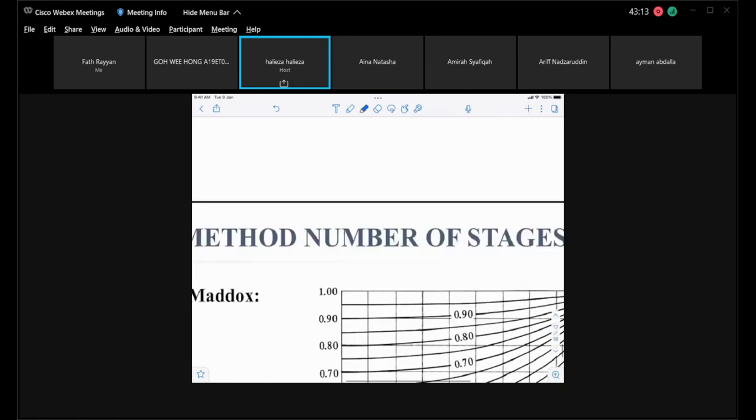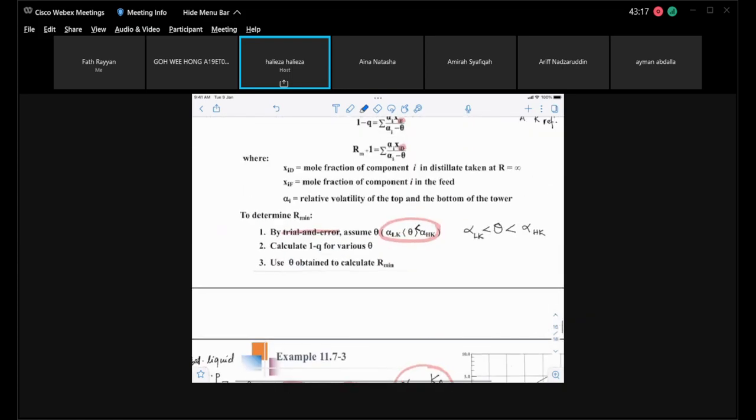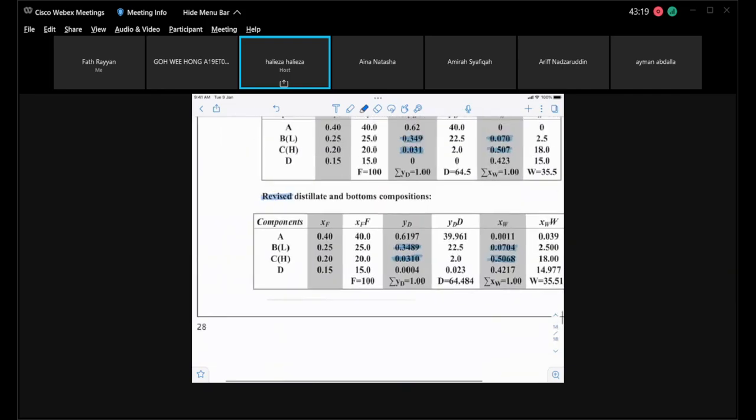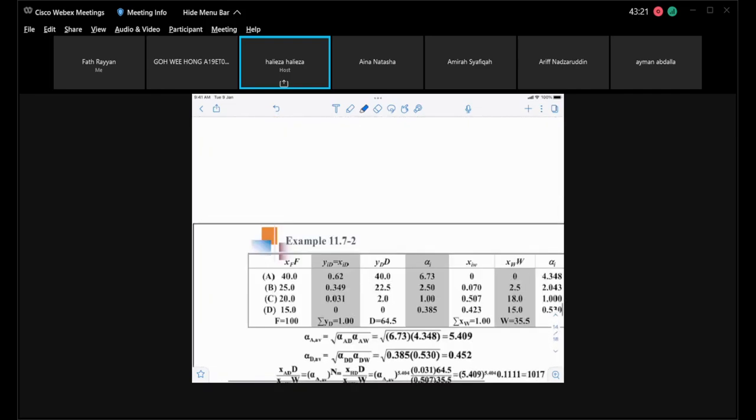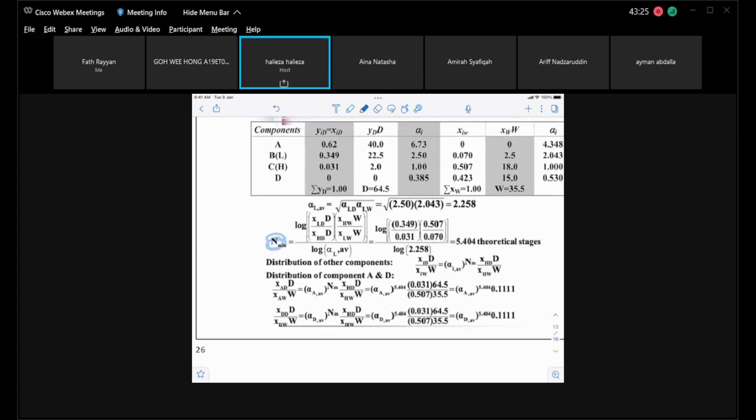Let me go back and show you guys where we get our N min, our minimum number of stages. Okay, there you go. Our minimum number of stages is 5.404. That's the value that we got using the Fenske equation.